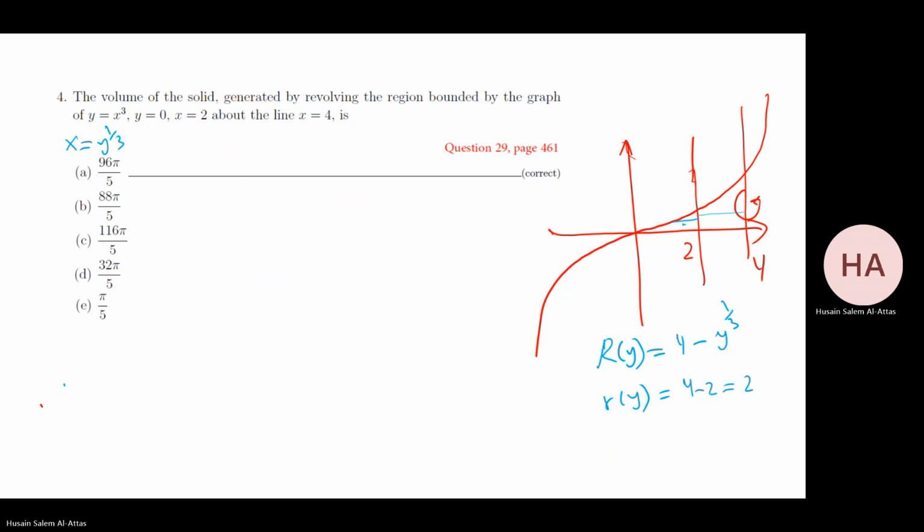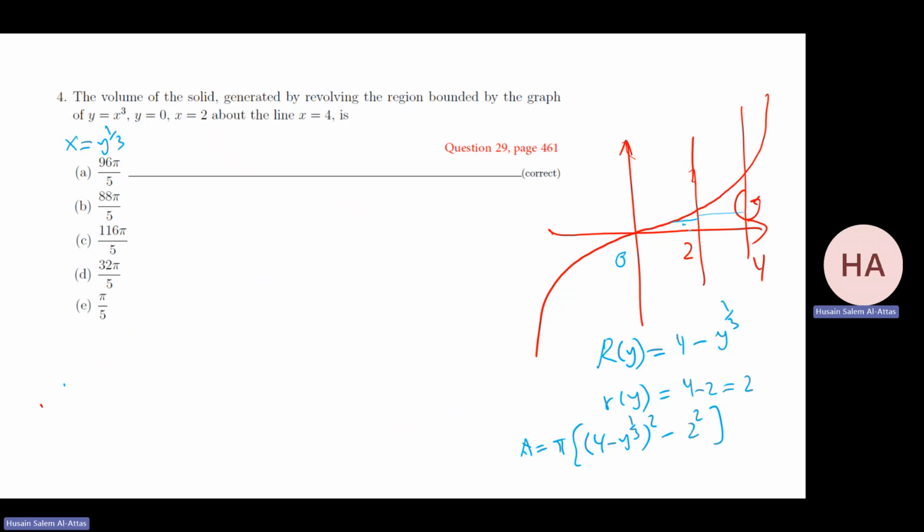Okay. So the area will be this squared minus 2 squared. Okay. Yeah. So now, from where to where? Y values. I'm talking about the y values.